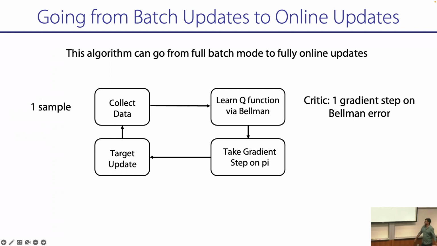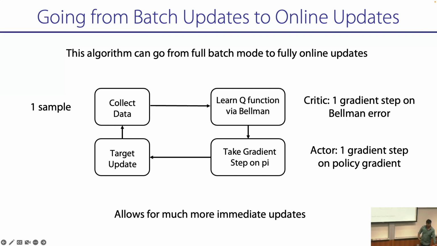Every time you collect a sample, you take a step on your critic and a step on your actor. So a step on your Q function, a step on your policy, and then you repeat. It allows much more immediate updates than having to wait a long time and do a bunch of gradient updates. DQN and the like all do this online update approach.